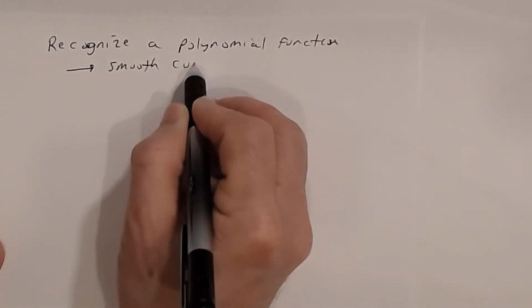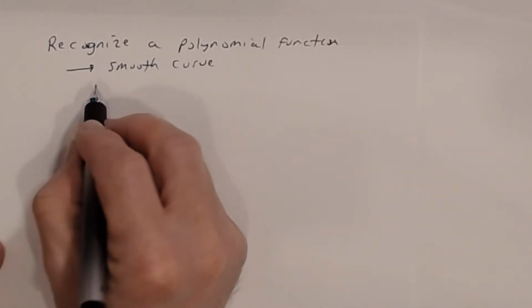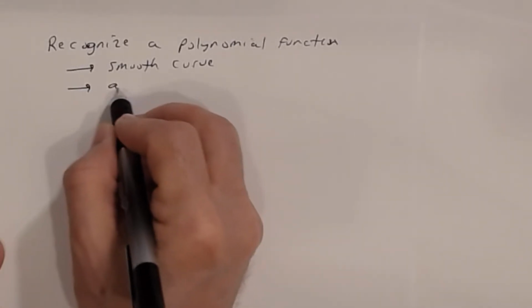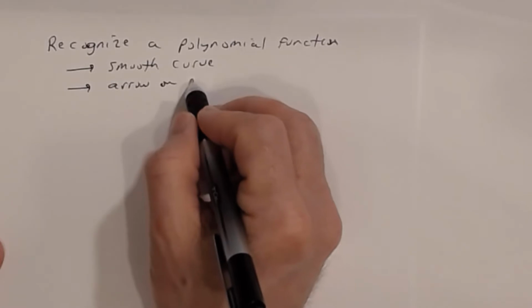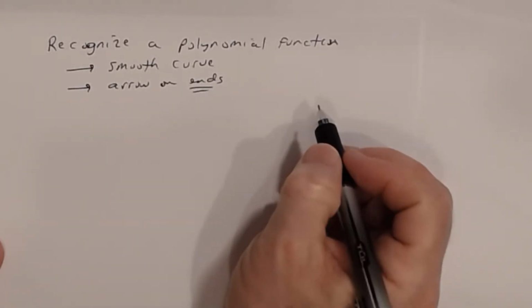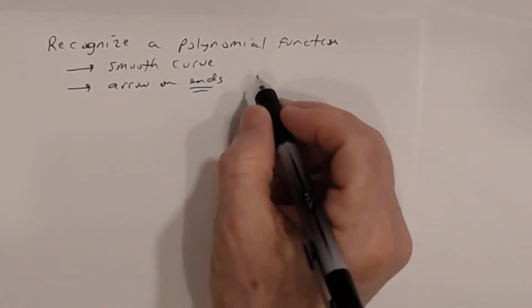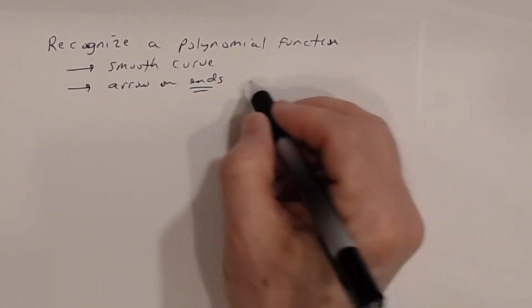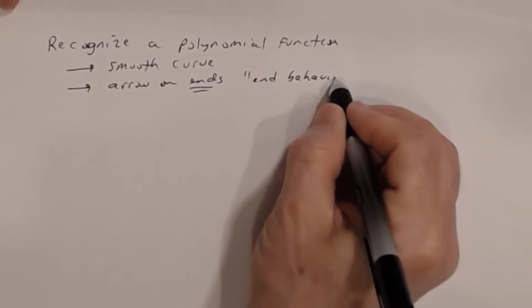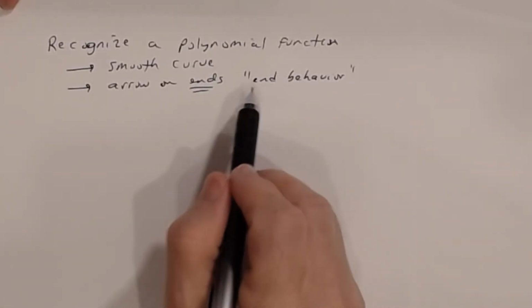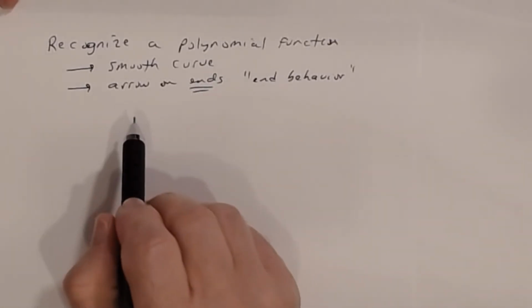And you're going to notice there are going to be arrows on the ends. In a future lesson, we're going to talk about the word end behavior. So on the ends, you're going to see arrows.